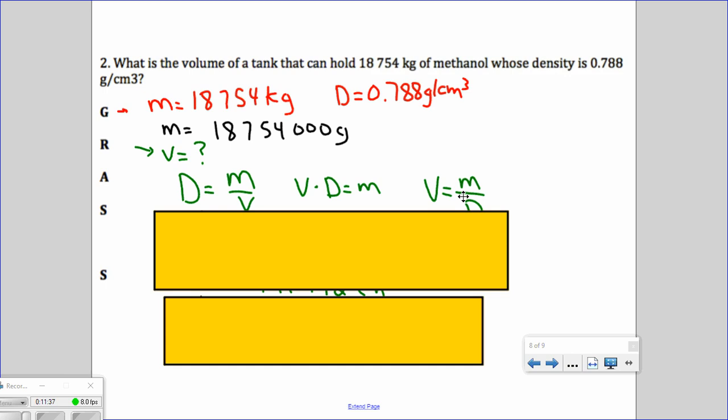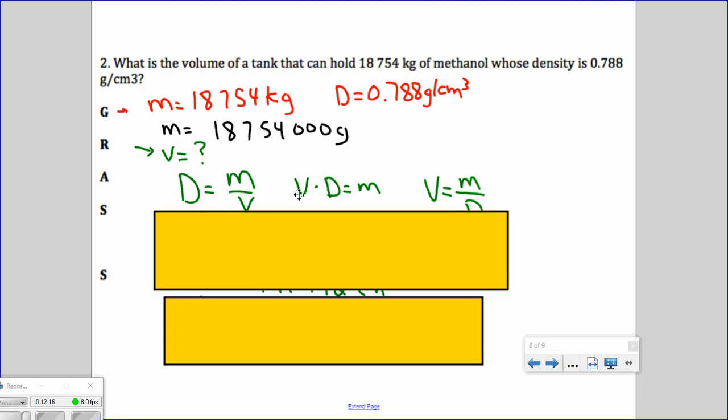Now, we're being asked to find the volume. In this case, we can use our density formula again. Because density is equal to mass divided by volume, and we are being asked to find the volume, we have to rearrange our equation. On one side of the equal sign we are dividing by volume, so if we multiply both sides by volume, volume is now multiplied by density on the other side.